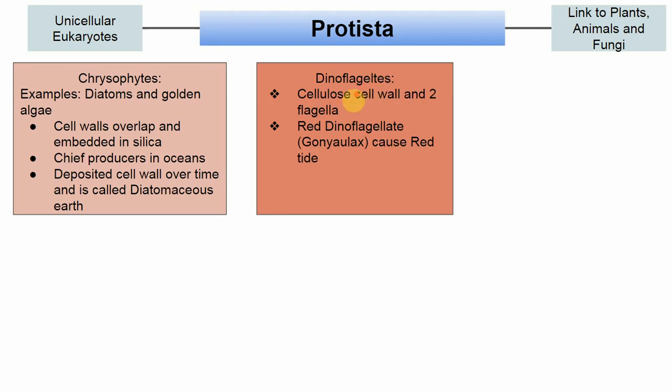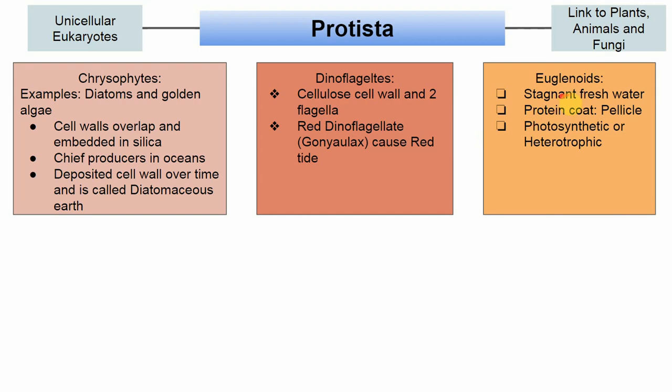They have a cell wall made up of cellulose, and they have two flagella. One flagellum is longitudinal, and the other is transverse, embedded in a furrow between the cell plates. Red dinoflagellate Gonyaulax causes red tides. The rapid multiplication leads to poisoning of the water because of the release of toxins. As a result, many marine organisms die.